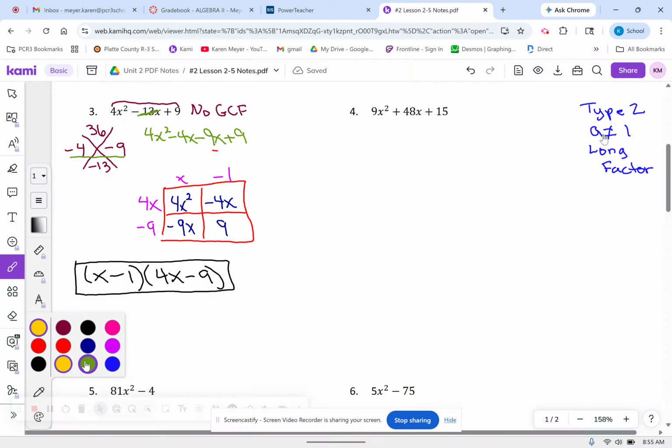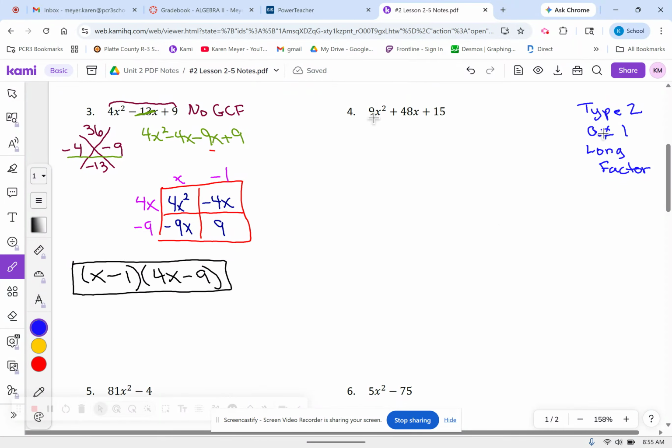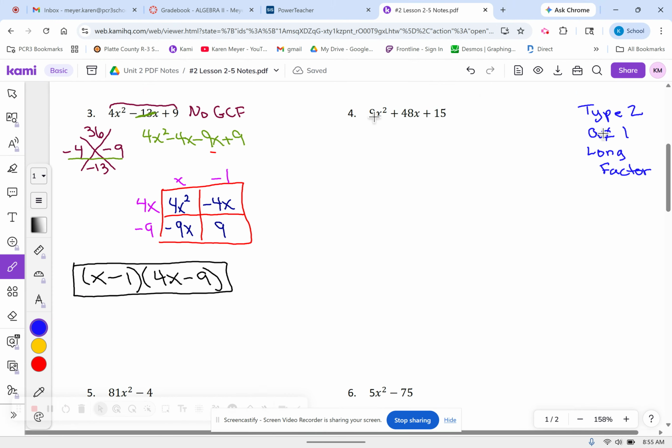Remember, check for a GCF. So does it have a GCF? And hopefully everybody says 9, 48, and 15 are all divisible by 3. So yes, this one has a GCF. So let's divide each one by 3.